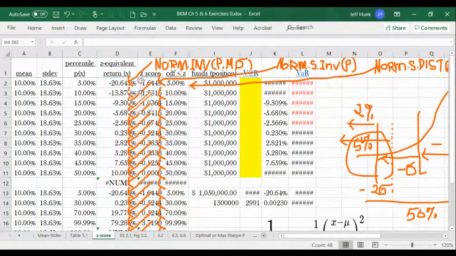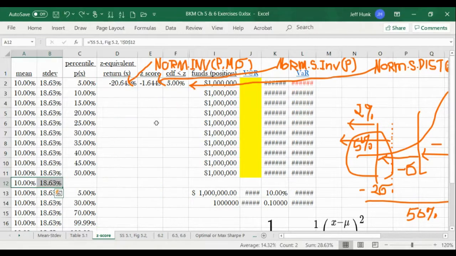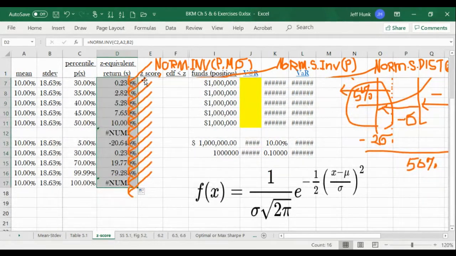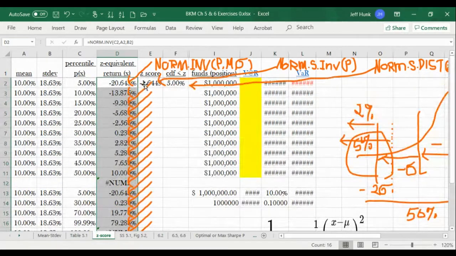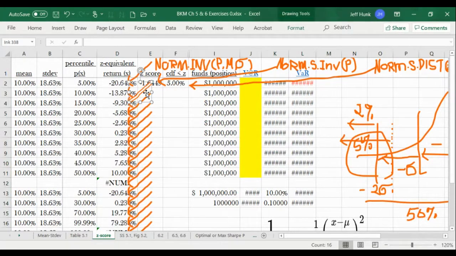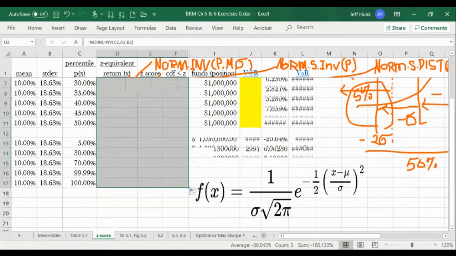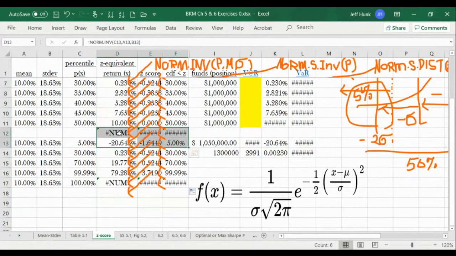All those things were also. Okay, let me drag it down all together, and I'll erase that.